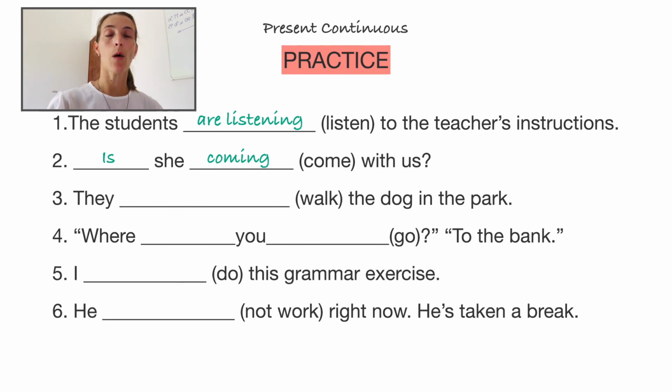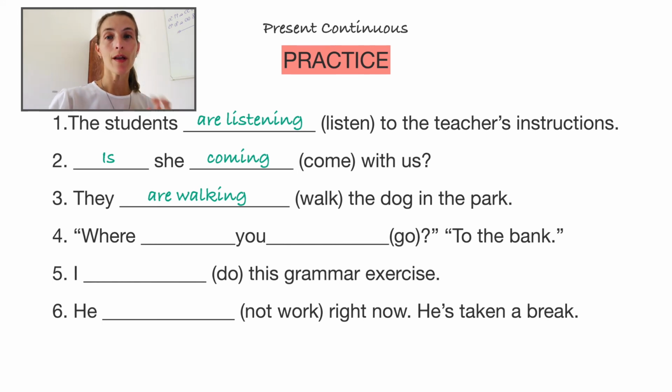All right. Now, number 3 says, the dog in the park. Ellos están paseando o están caminando con el perro en el parque. Entonces, acá, as we have they are walking. They are walking the dog in the park. Ellos están paseando el perro en el parque.